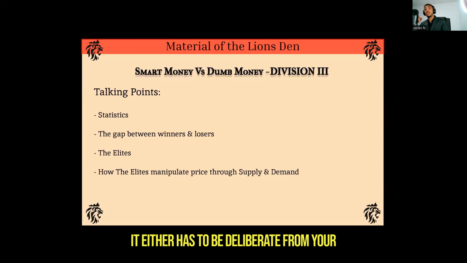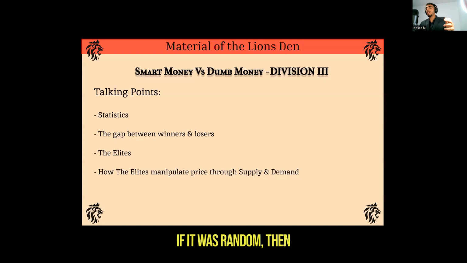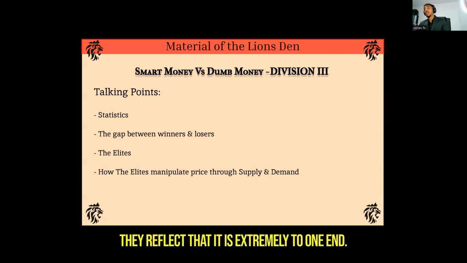It either has to be deliberate from your end, or someone else has to lead you to that decision. Because it cannot be random. If it was random, then the statistics would reflect that, but they don't. They reflect that it is extremely to one end.